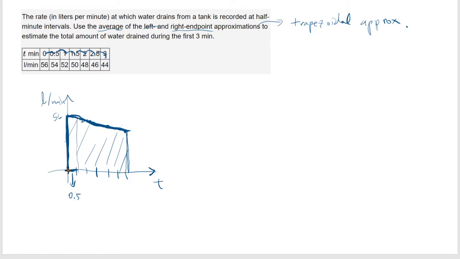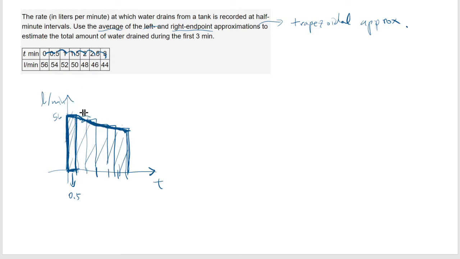You do base times height, and you end up with this rectangle as the approximation of this portion. You keep making these rectangles whose left endpoint is on the curve. Overall, the summation of these will be slightly overestimating the actual area.